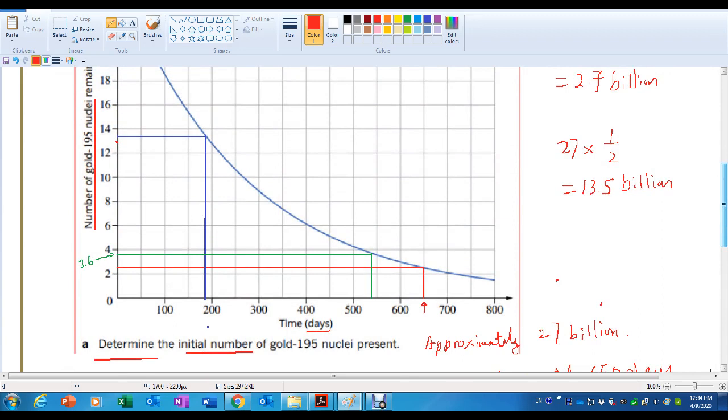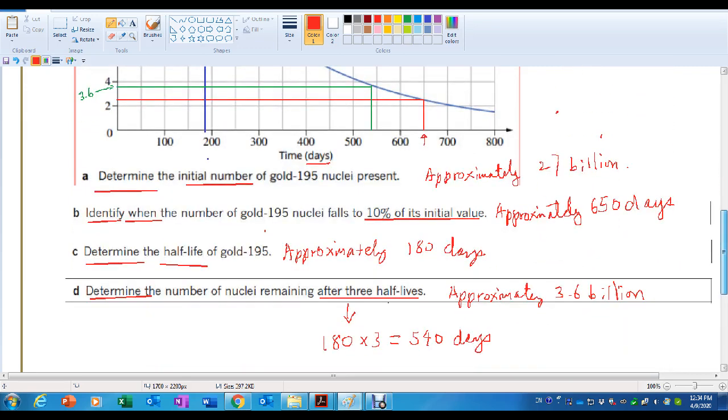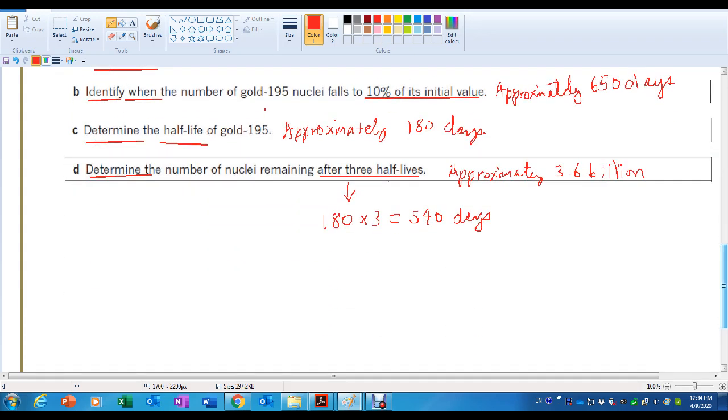That means you see those lines, the red line, the green and the blue lines. They all end up in the place where we are not 100% sure about the numbers. But now, can we use the formula to help us find more accurate values? So for example, for the last one, determine the number of nuclei remaining after 3 half-lives.